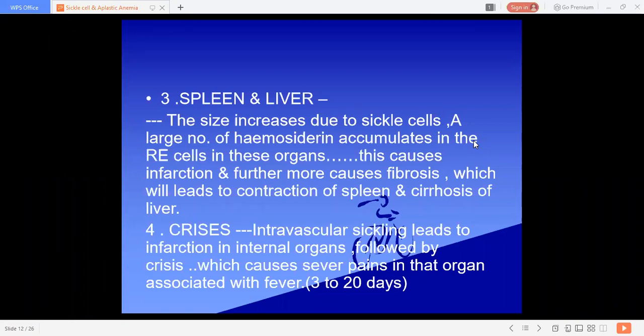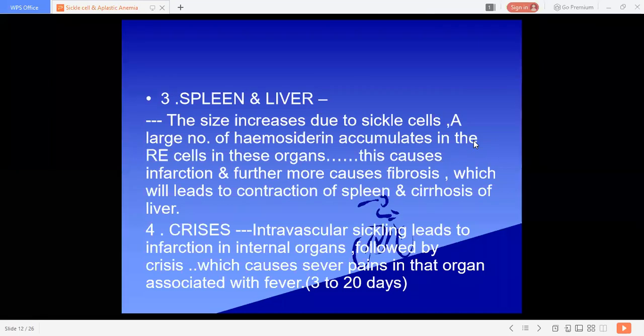There is accumulation of these sickle shaped cells, these abnormal cells, slowing of the blood flow, and infarction to the internal organ due to blockage of blood supply, which induces the severe pain and the fever.